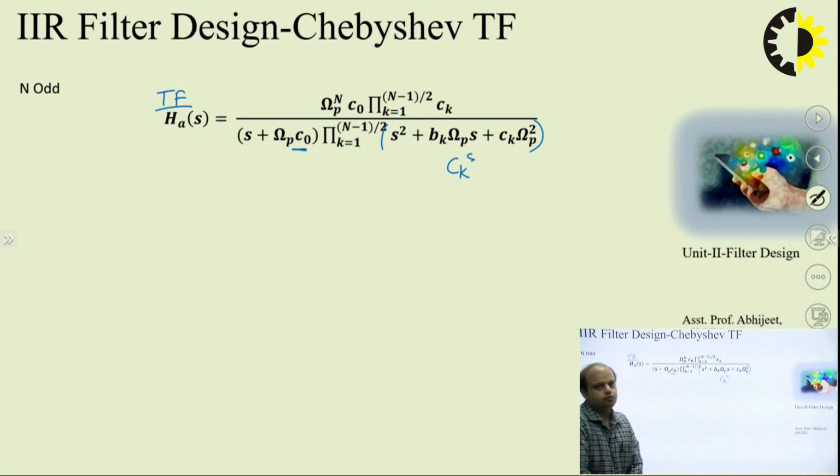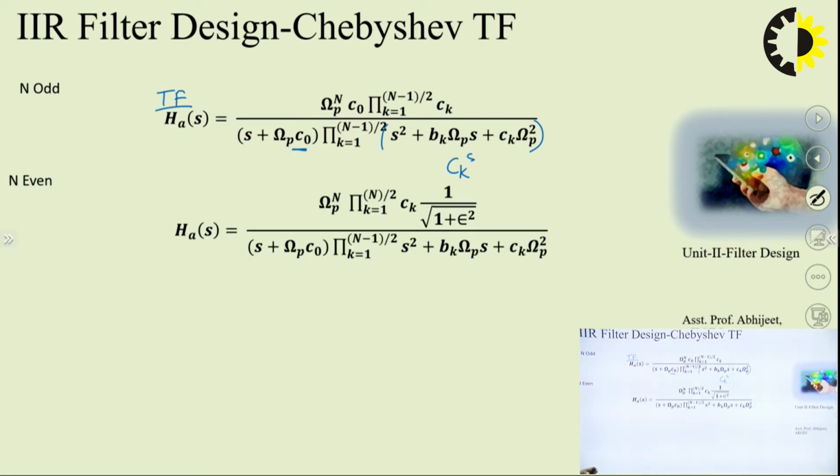Ck's are only introduced to make the DC value to be 1. The transfer function has to be 1 at s equal to 0, which implies omega equal to 0, which implies frequency 0, which implies direct current. So at DC, the transfer function has to be 1. So for odd n, we can directly write the transfer function using this.